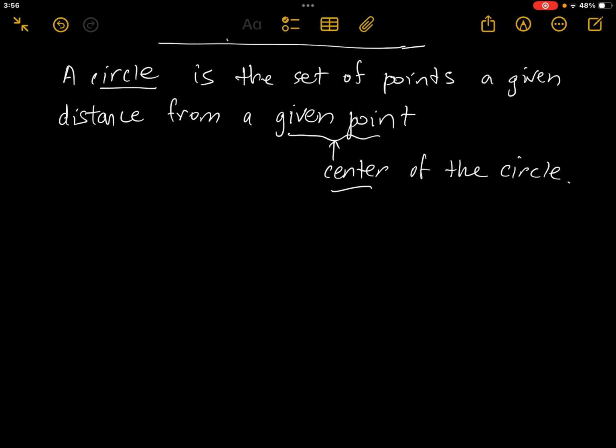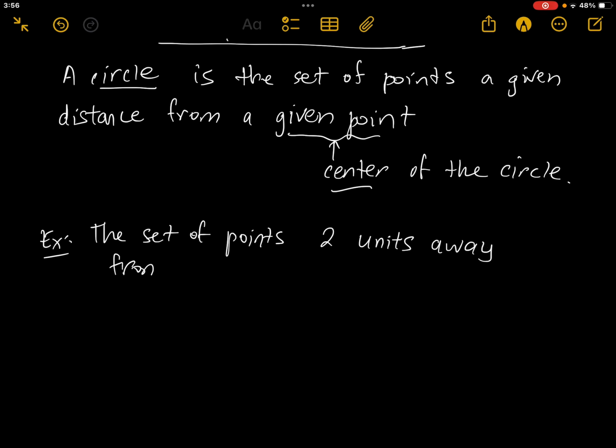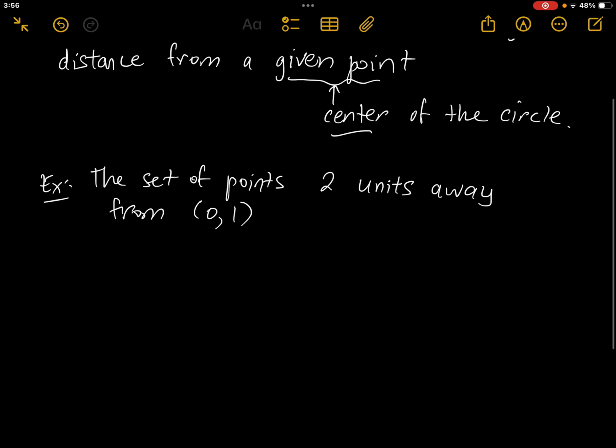So for instance, you could look at the set of points two units away from (0, 1). So (0, 1) is here, okay? And then you look at the points that are 2 units away.